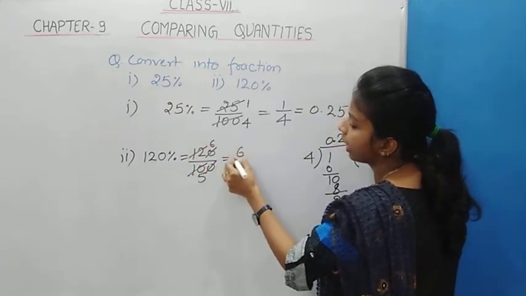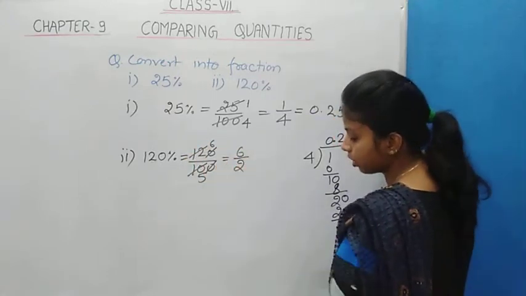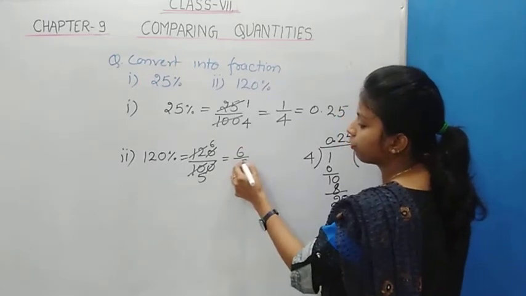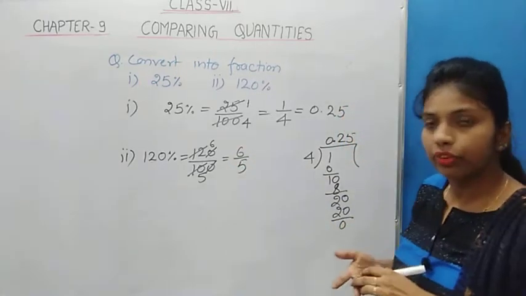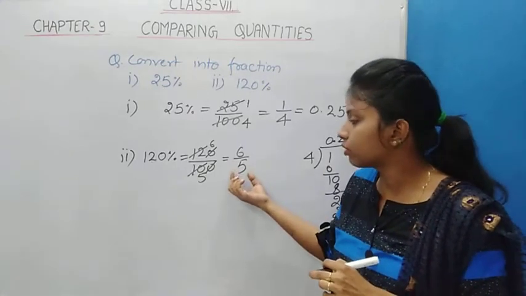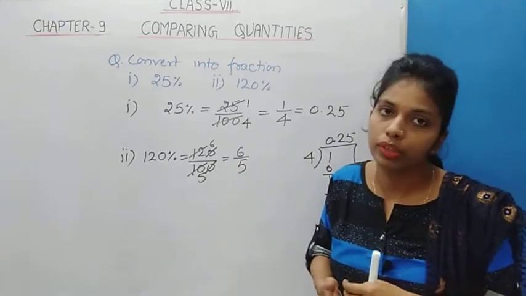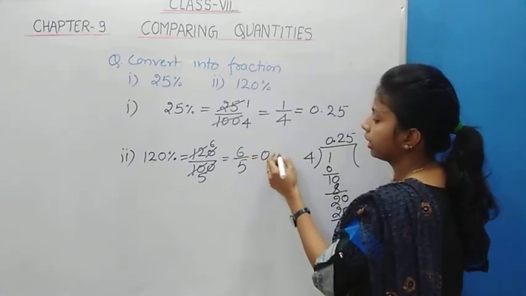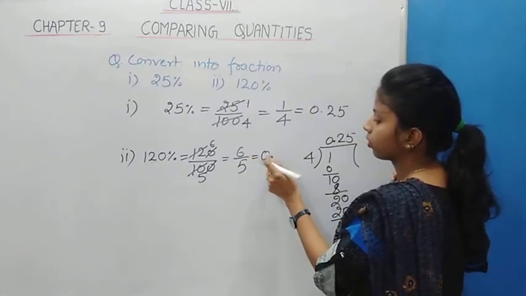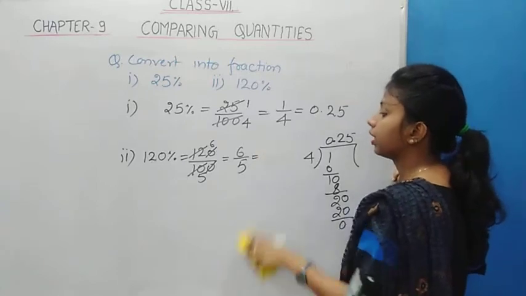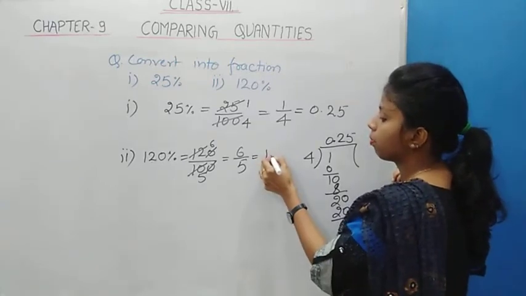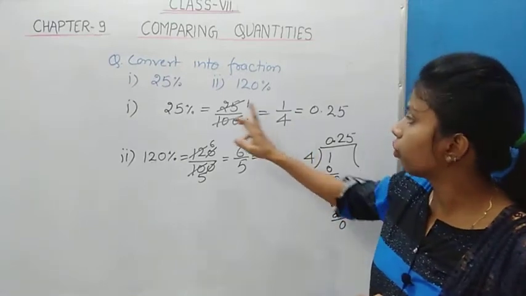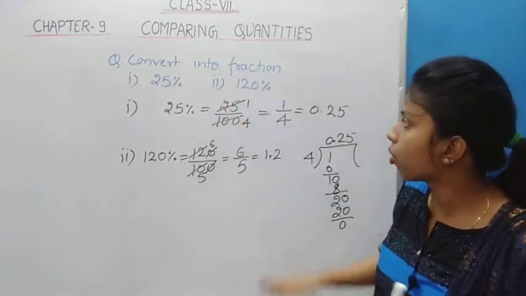So the fraction becomes 6 by 5. If we have a question to convert this fraction into decimal, we can also do that. We get 1.2. Okay, so this is how we can convert any percentage into fractions.